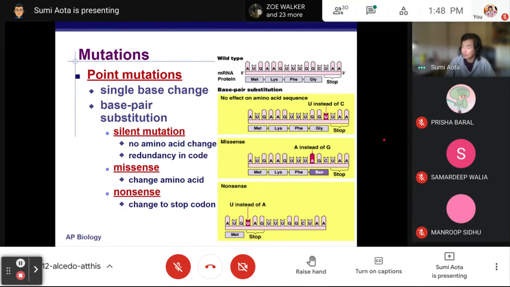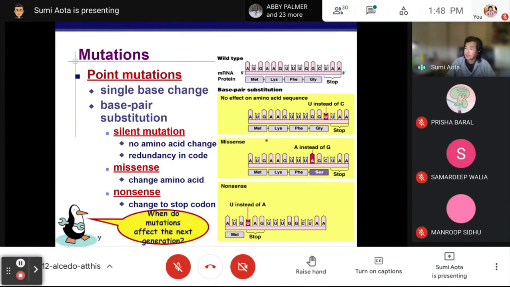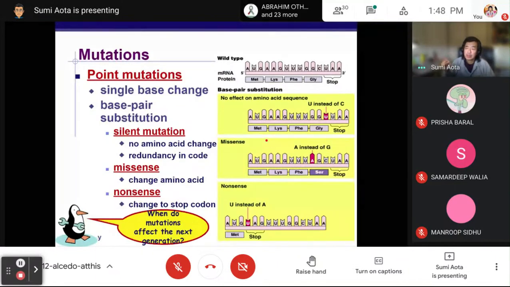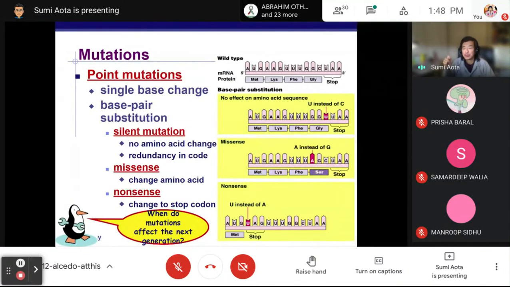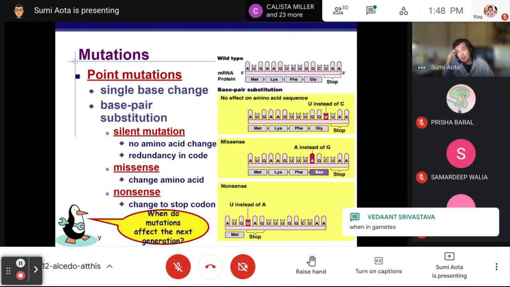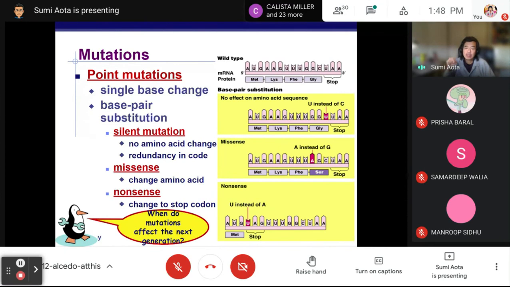Okay, now when will a mutation affect your children? Yeah. So if the mutation occurs in the reproductive cells, then the next generation has to worry.